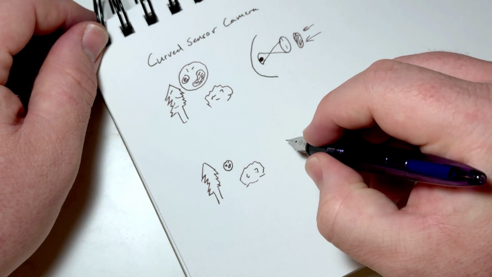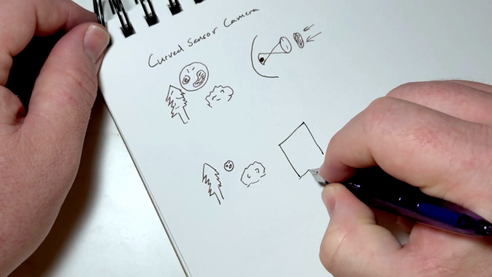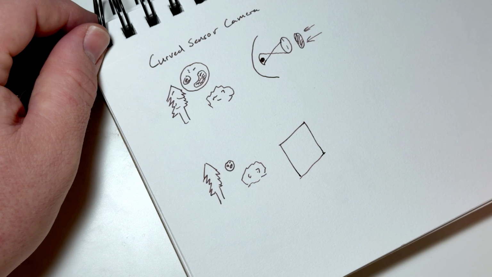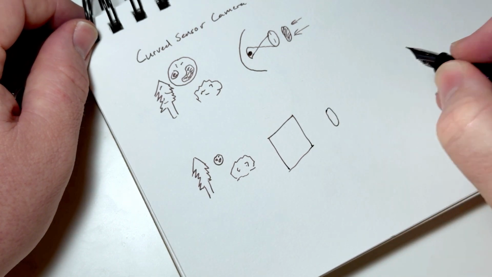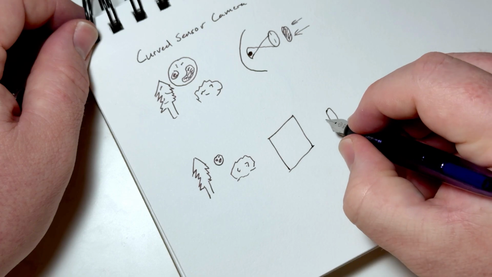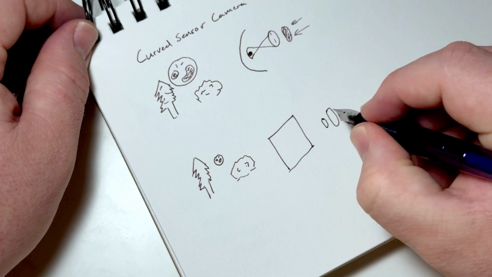On your camera, however, you have a square flat sensor. And you have a tiny lens. You don't really have a pupil per se, but you do have an iris of a type.